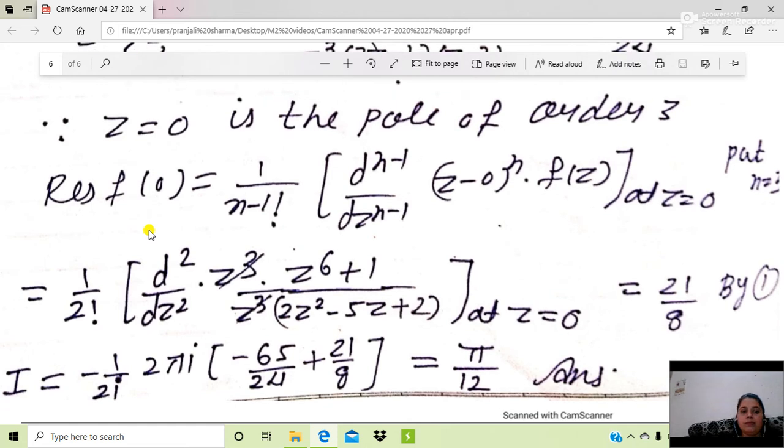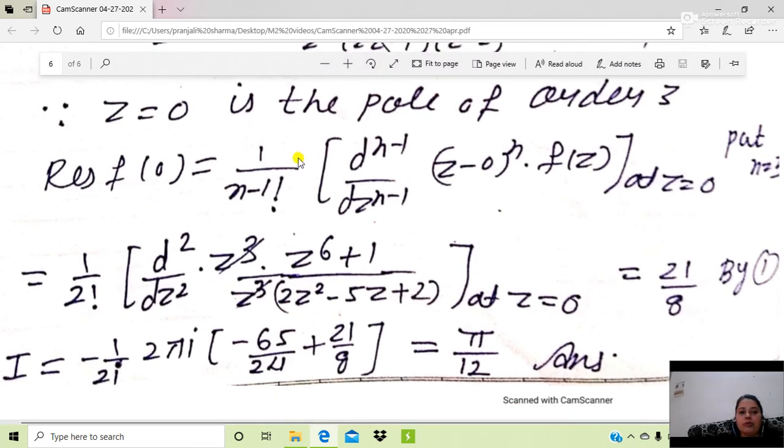So it will be 1 upon factorial 2, and the derivative means the second derivative of z cube into f(z). Z cube can be cancelled and we have to differentiate twice. It is a double differentiation. So simply differentiate it, and after differentiating twice we put z is equal to 0. And when we put z is equal to 0, the value of the residue at 0 will be 21 by 8.